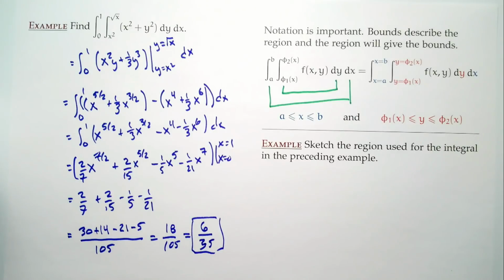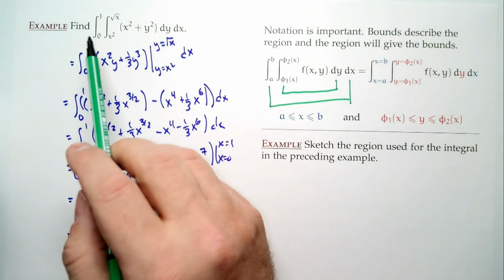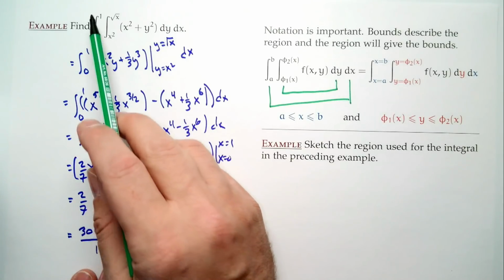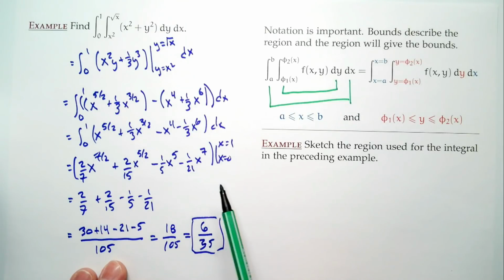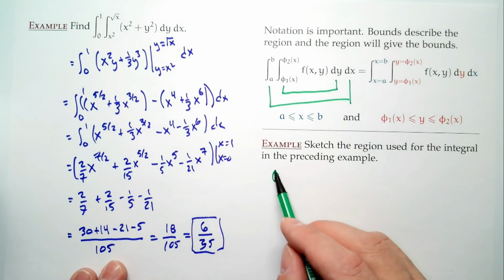So let's actually test this idea. I claim that if I have the bounds of the integral, I can sketch the region that I'm integrating. So let's look at our integral that we just did. We went from 0 to 1. What does that tell me? X goes from 0 to 1.